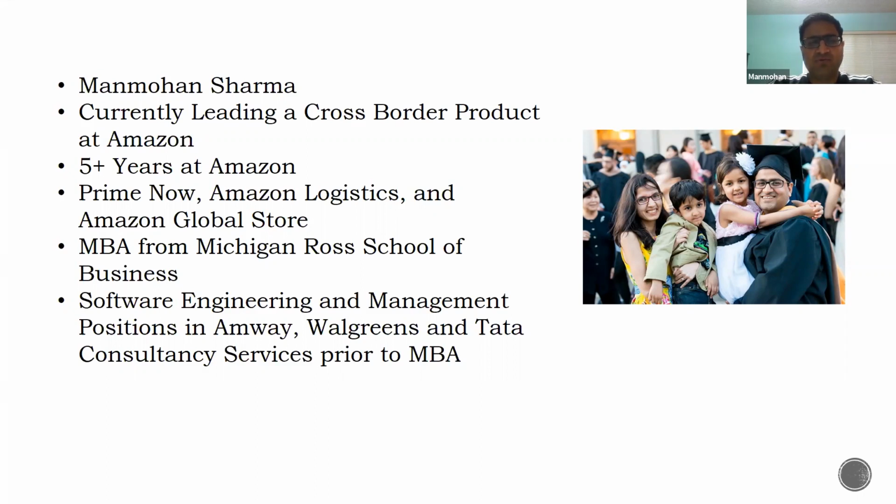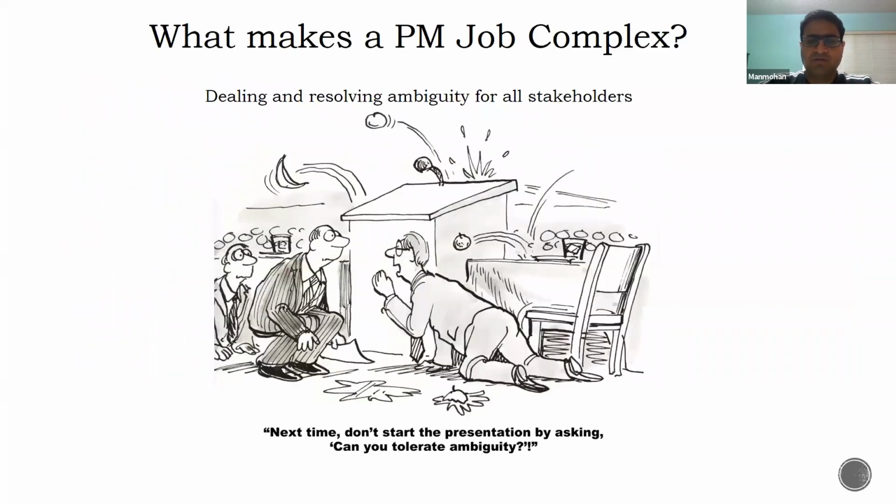Now let's dive into the topic for today. So what makes a PM job complex? As you can see in this picture, it shows the ambiguity, and dealing and resolving ambiguity across all the stakeholders is the number one thing that every product manager has to go through. And as you can see, nobody likes to tolerate ambiguity.